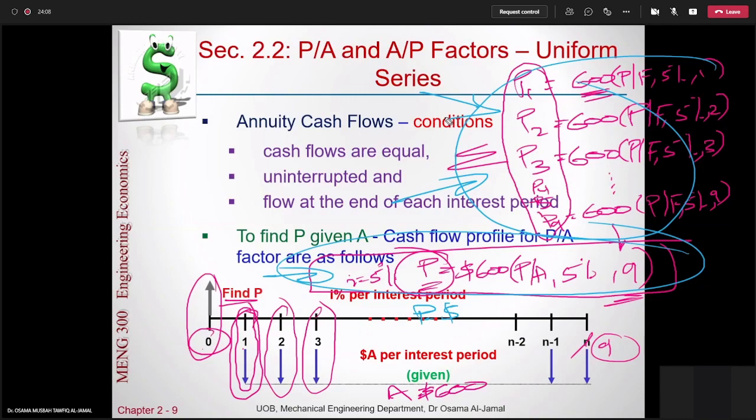I can show you evidence from some students, without mentioning their names, in previous classes or previous courses. This is not a cash flow diagram, or a solution or an answer using the concept of an annuity.